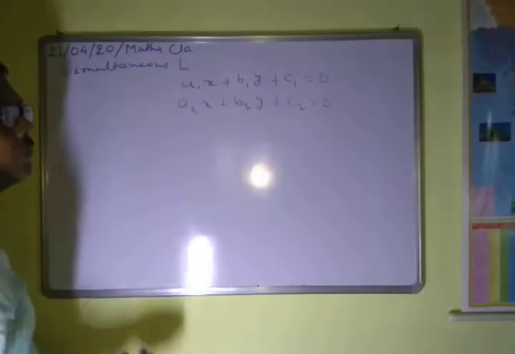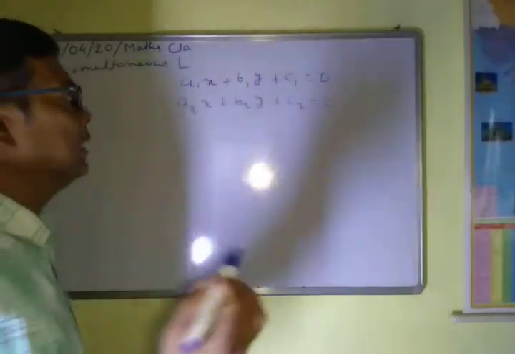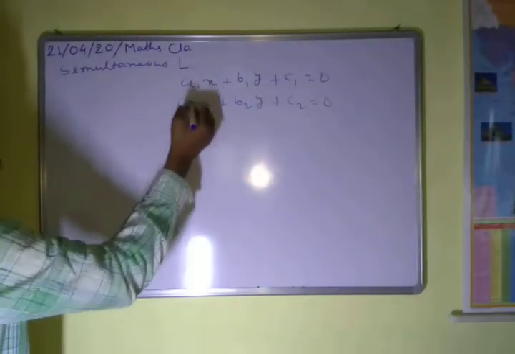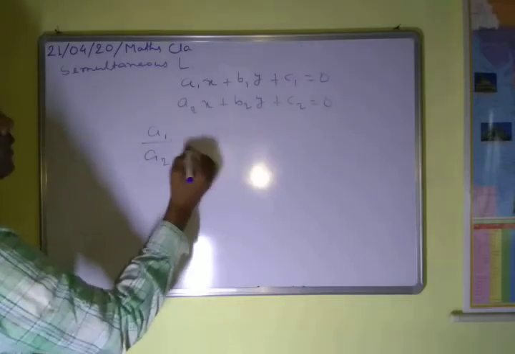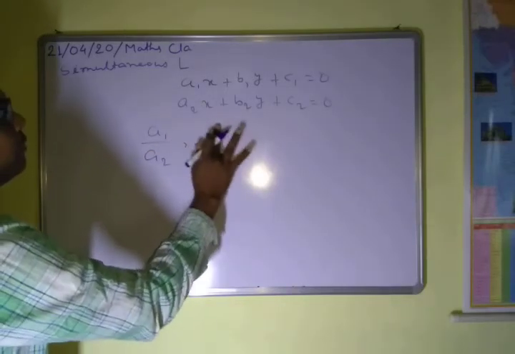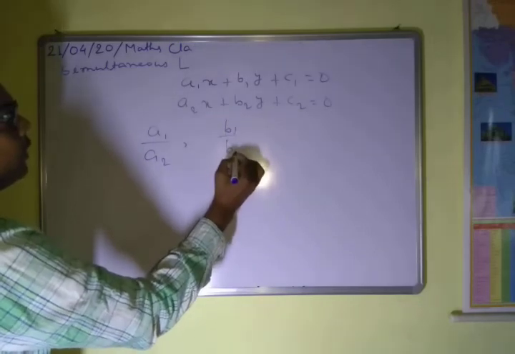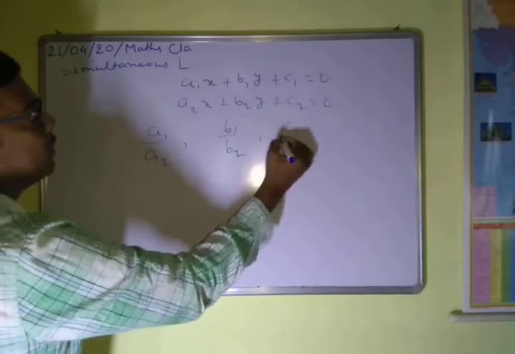In which condition will you get intersecting lines? From this you will find the ratios a1 by a2, b1 by b2, and c1 by c2.